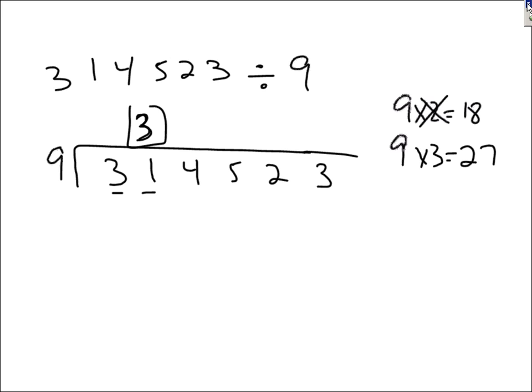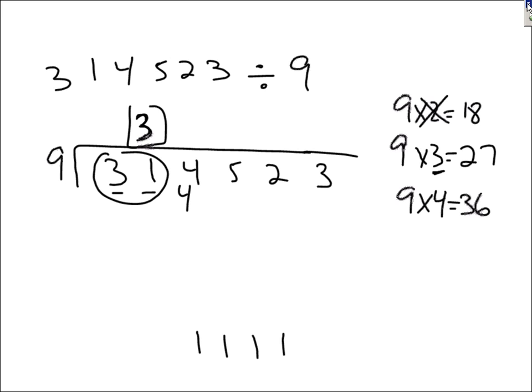Maybe it's 3, maybe not. 9 times 4, oh, that's bigger than 31. So the answer is 3. 9 times 3 is 27. When you take 27 away from 31, well, 28, 29, 30, 31. The remainder is 4.